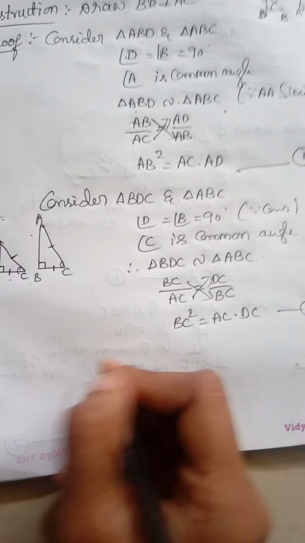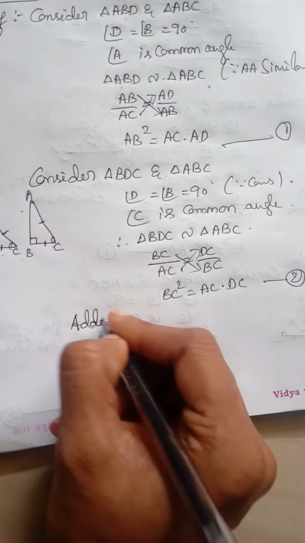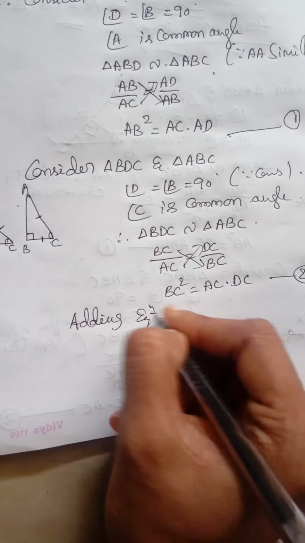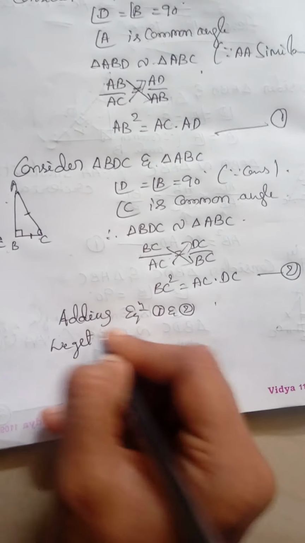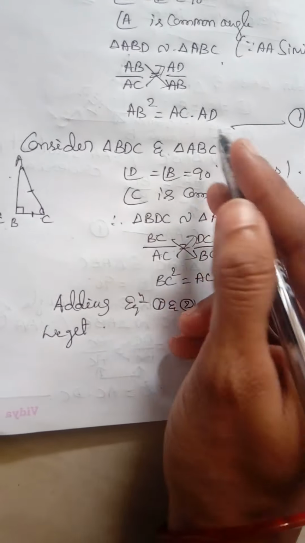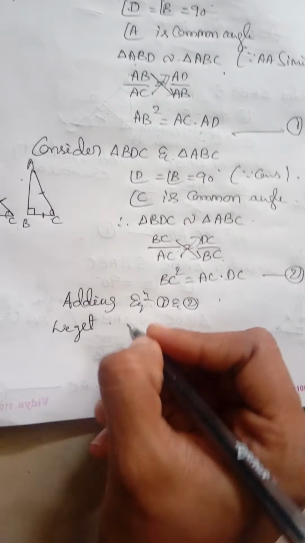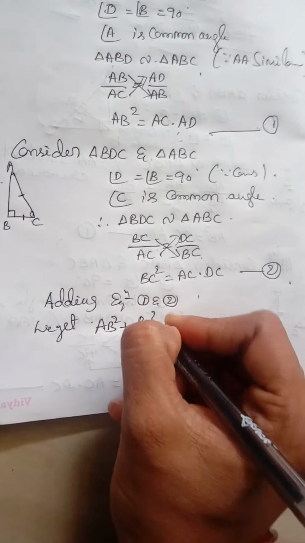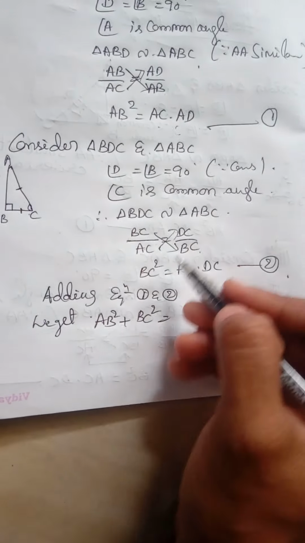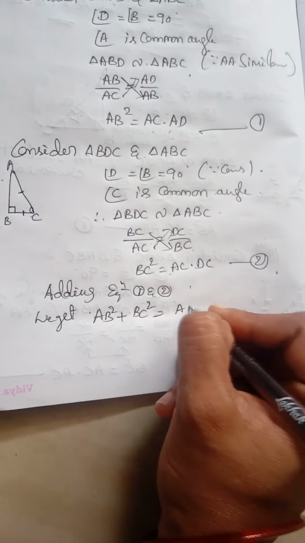Equation 2. By adding equation 1 and 2, that is LHS plus LHS and RHS plus RHS, we get AB square plus BC square is equal to AC into AD plus AC into DC.